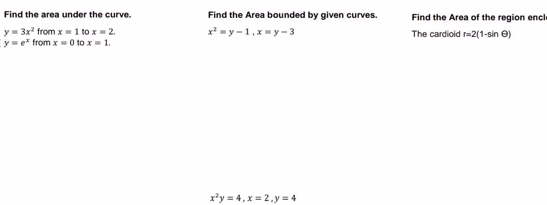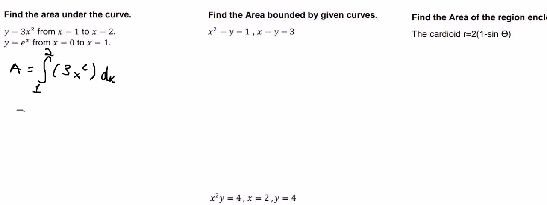Question number 1, we've got y equals 3x squared from x equals 1 to x equals 2. So the area for the first one should be the integral from 1 to 2 of 3x squared dx.